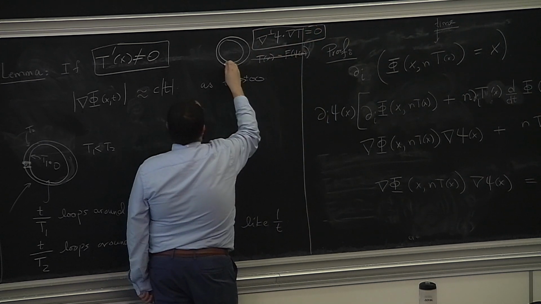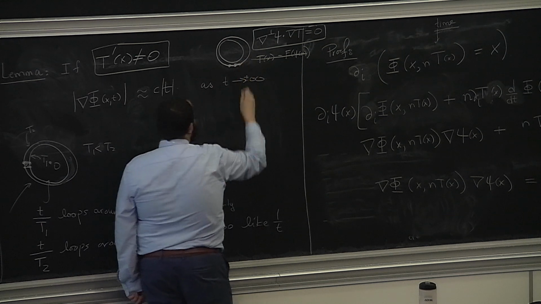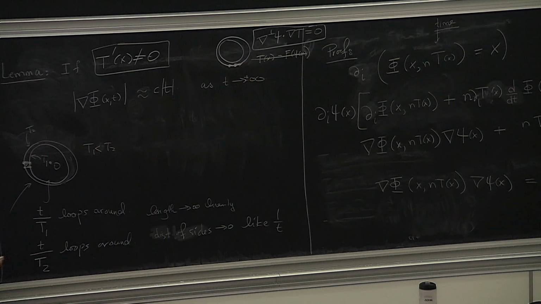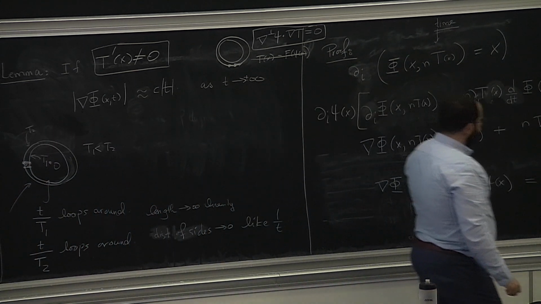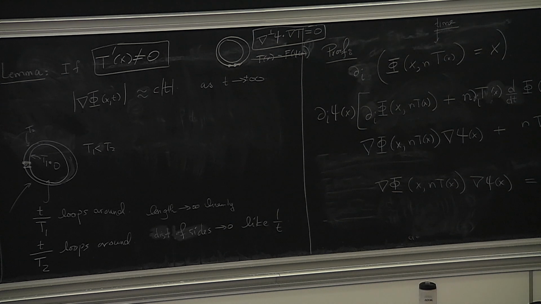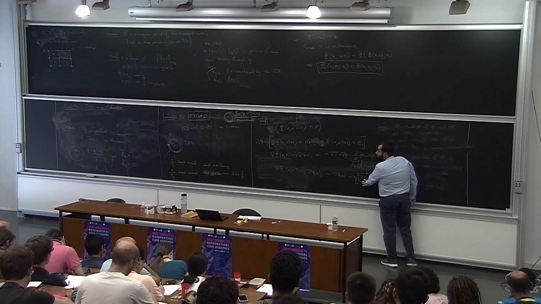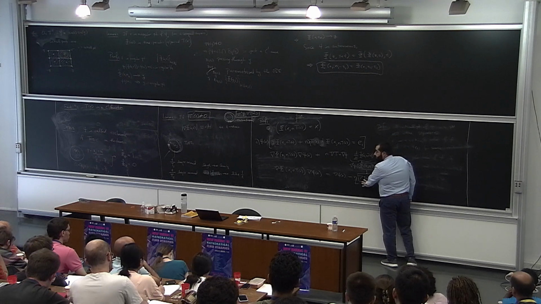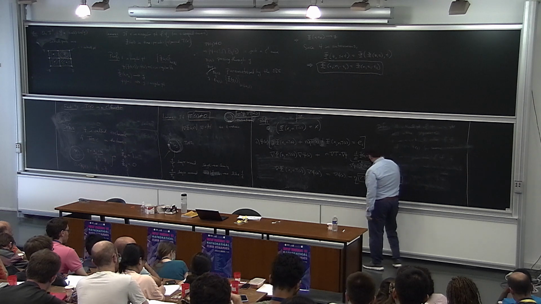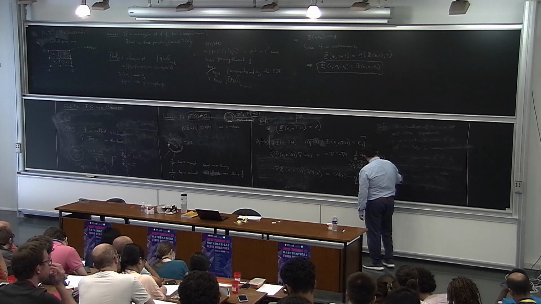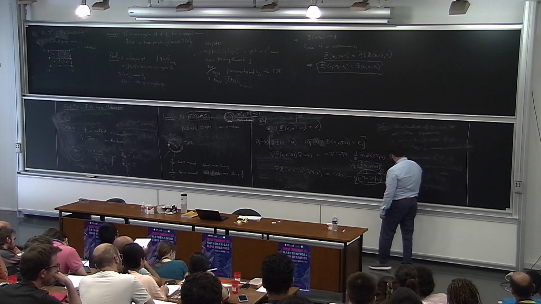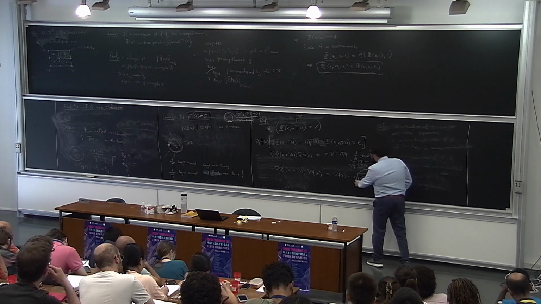So the period should not change. So the perpendicular is 0. So this better not be 0 if t is 0. So this is not 0, and this is not 0, so it grows like n.